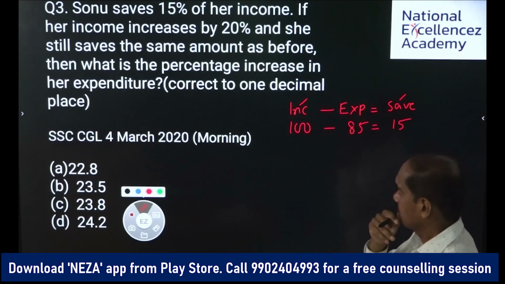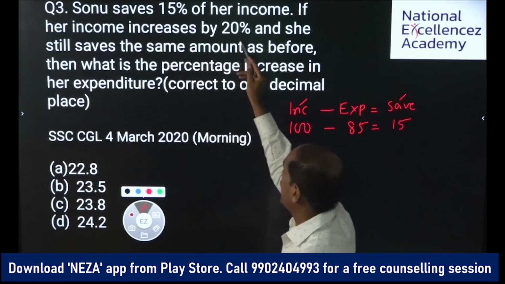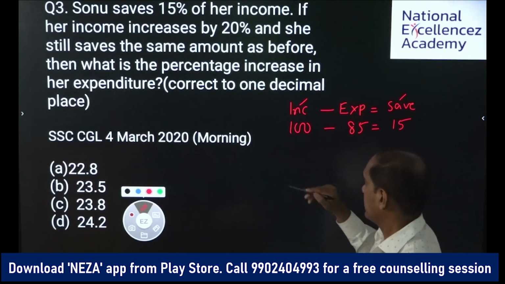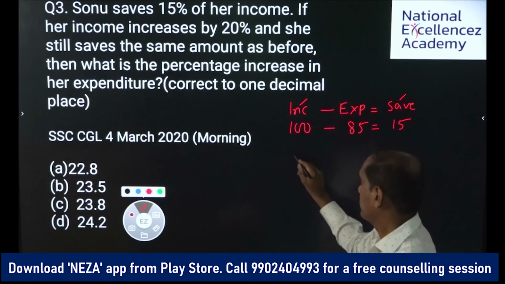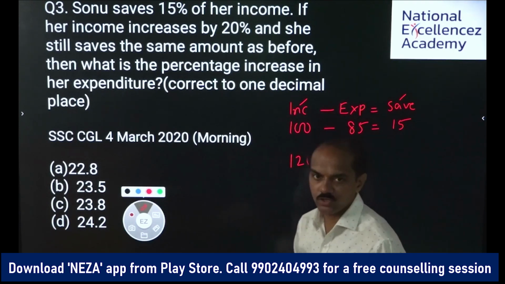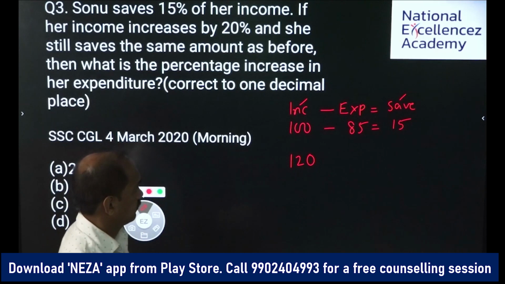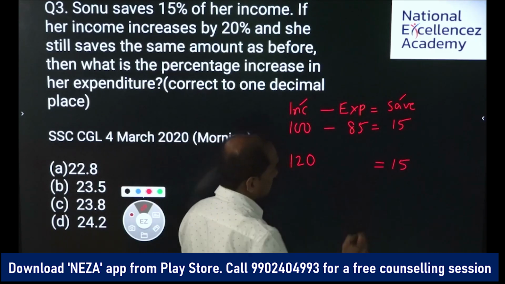Now, if her income increases by 20%, for every 100, 20 more. So her new income is how much? 120 rupees. And he is saying she is still saving the same amount.